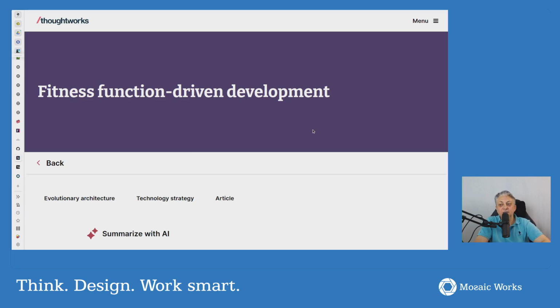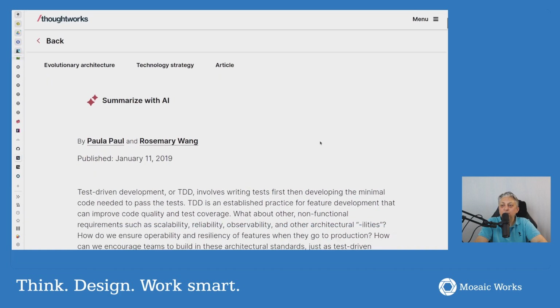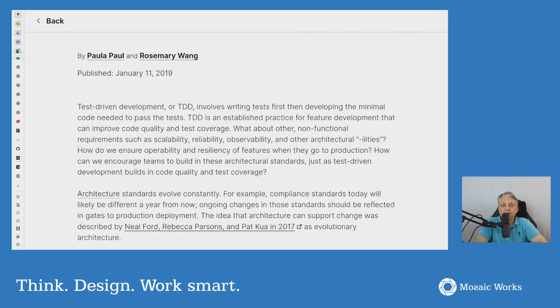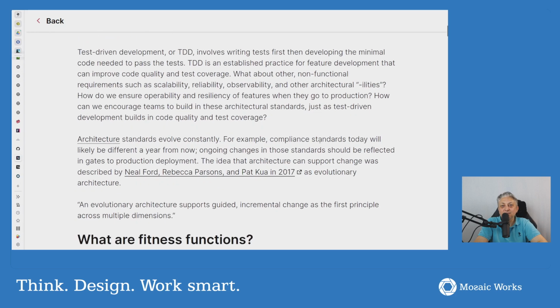Okay, so let's look at this ThoughtWorks article. And this goes a little bit further, and very interestingly so. It's called Fitness Function Driven Development, written by Paula Paul and Rosemary Wang, published 11 January 2019, so a few years back. Test-driven development, or TDD, involves writing tests first, then developing the minimal code needed to pass the test.